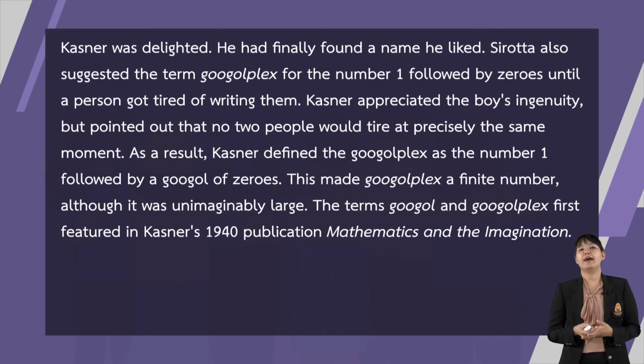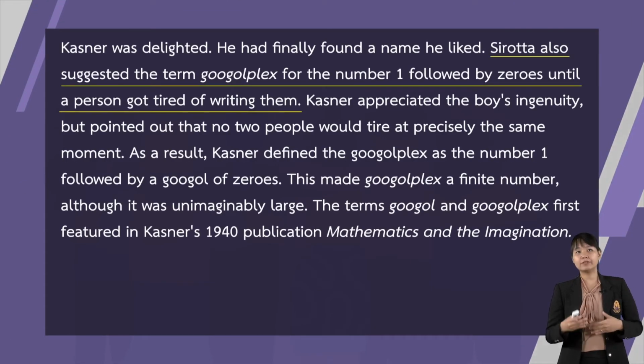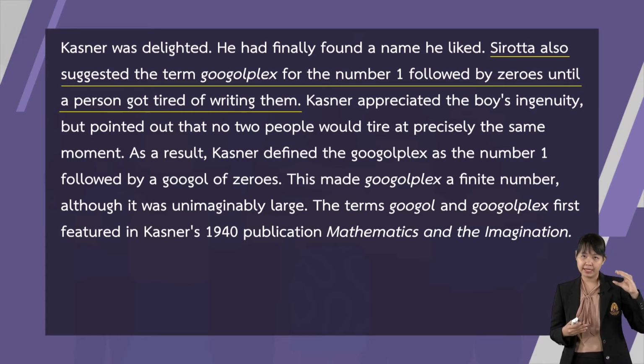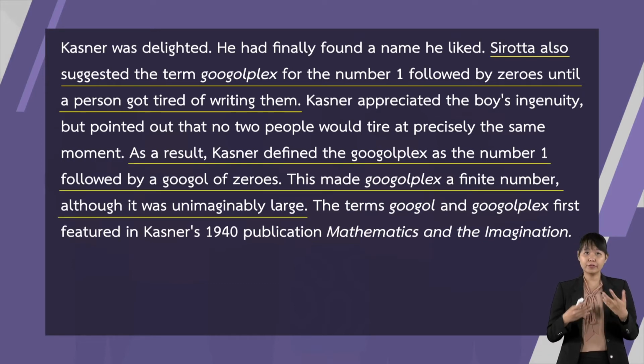The next paragraph: Sirota also suggested the term Googolplex for the number 1 followed by zeros until a person got tired of writing them. As a result, Kasner defined the Googolplex as the number 1 followed by a Googol of zeros. This made Googolplex a finite number, although it was unimaginably large.